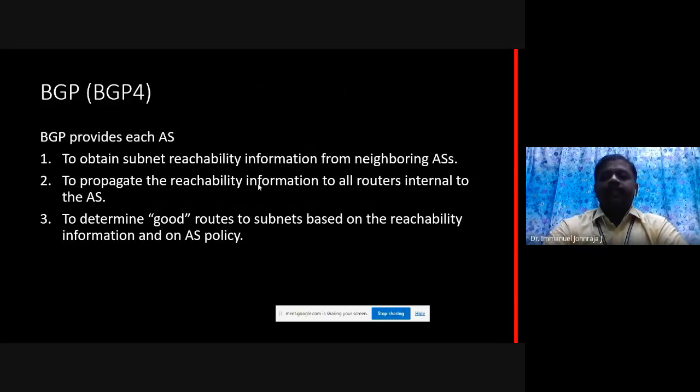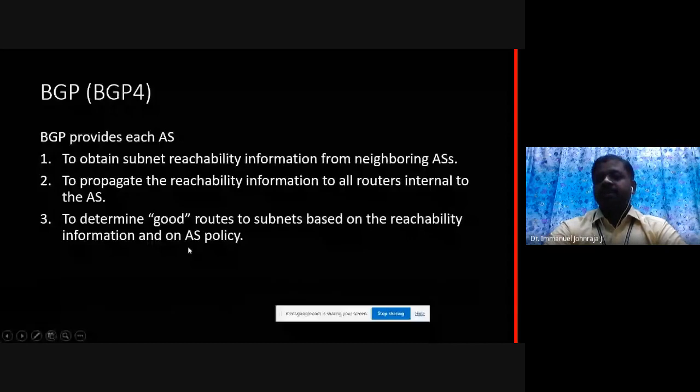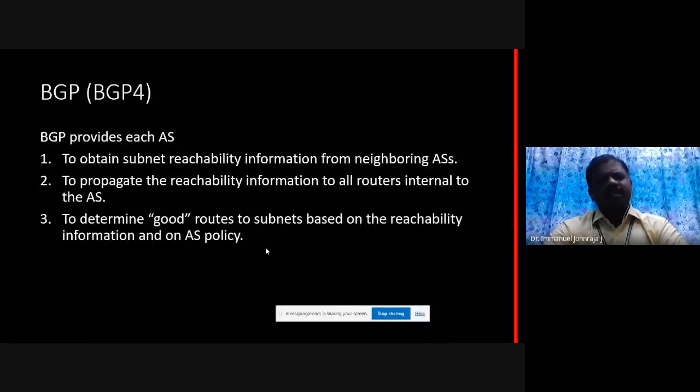And within the autonomous system, every router should have the reachability information, which is also taken care of by BGP. And also to determine the good routes, based on the autonomous system policy and the reachability information. I also gave you the hint: only in BGP do we speak about autonomous system policy. So policy-based routing is supported in BGP.